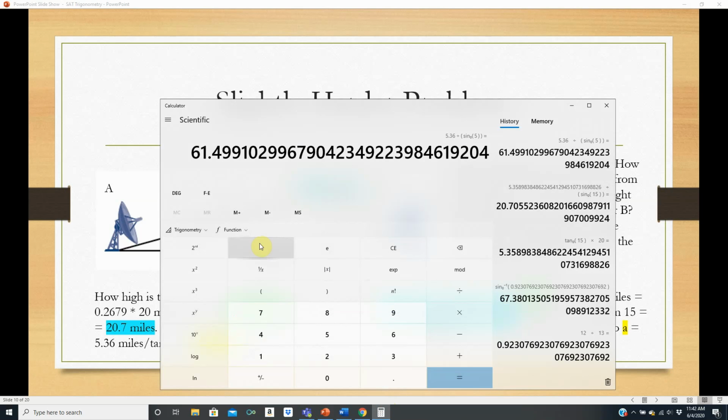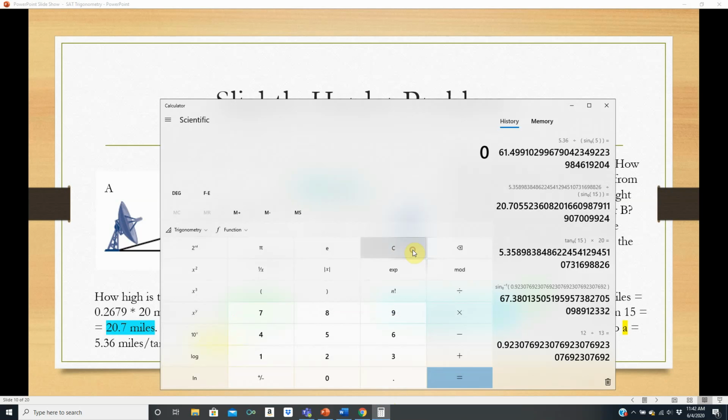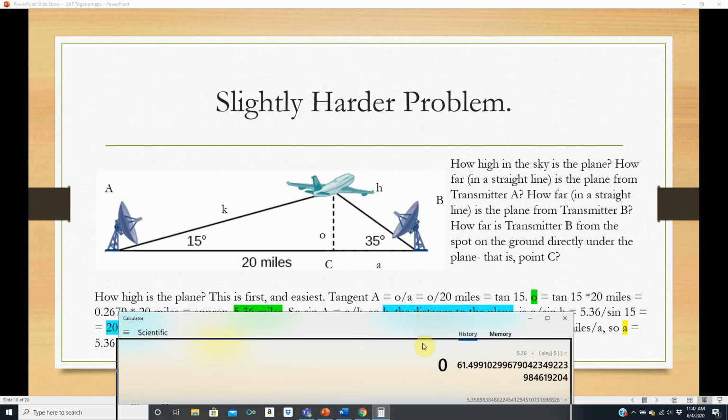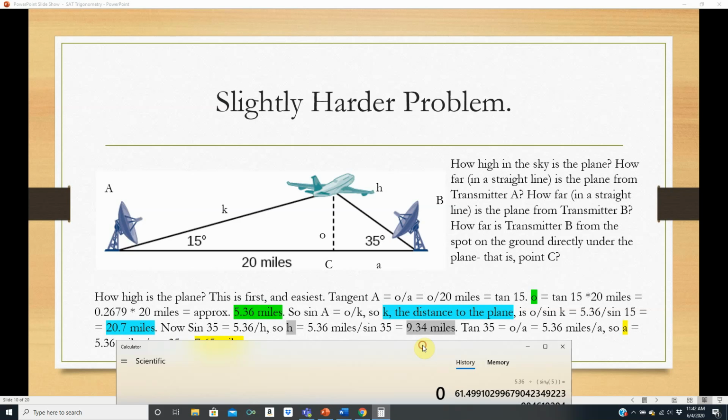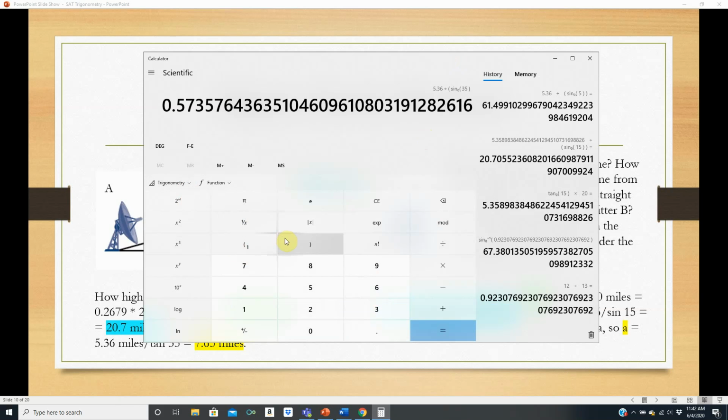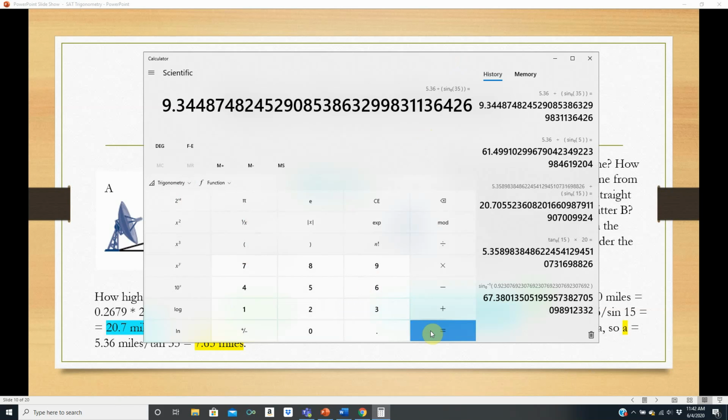Let's see, I think I did something wrong here. All right, 5.36 over sine of 35. Okay, yeah, so we get roughly 9.34.